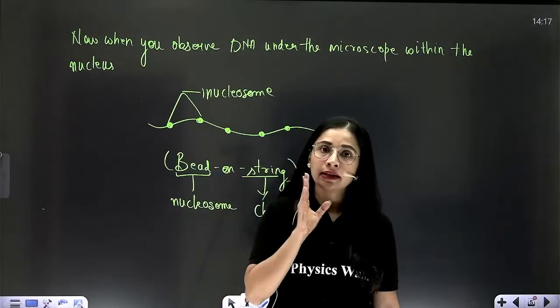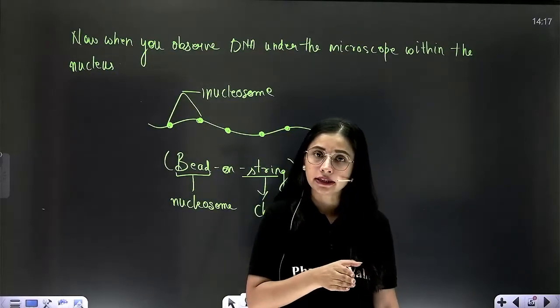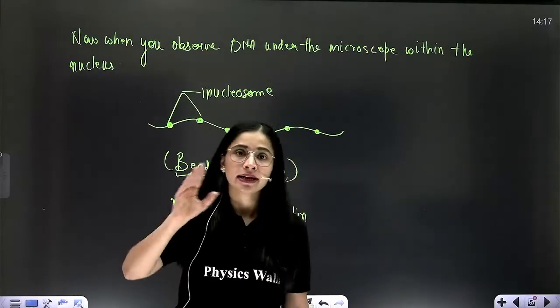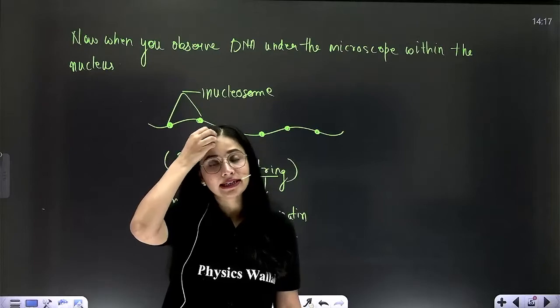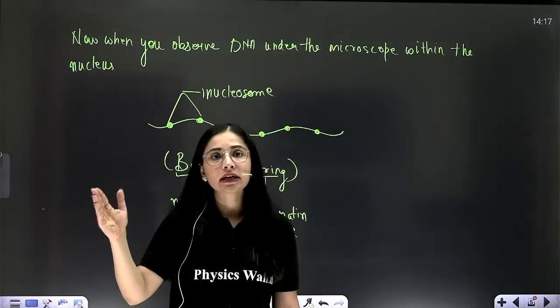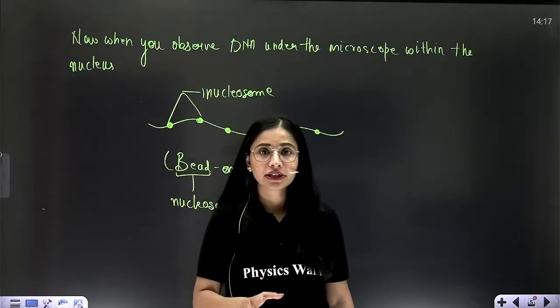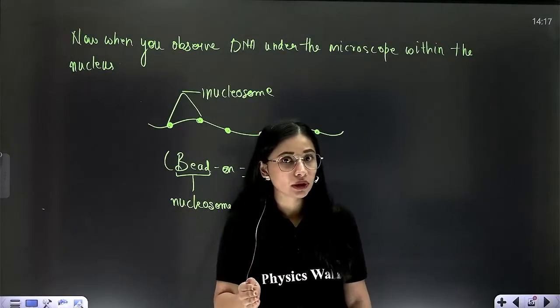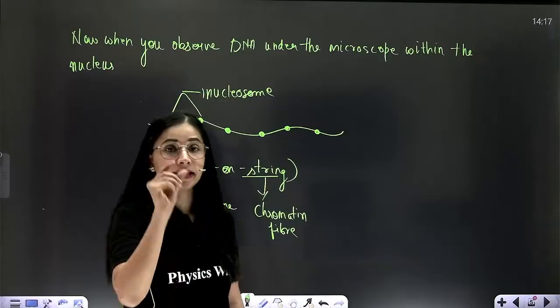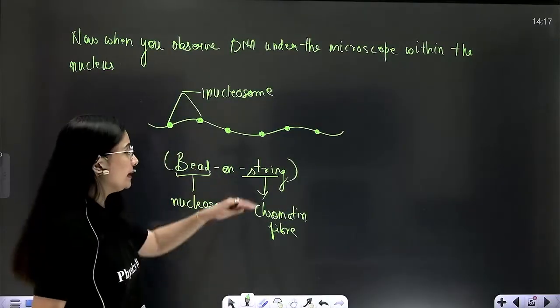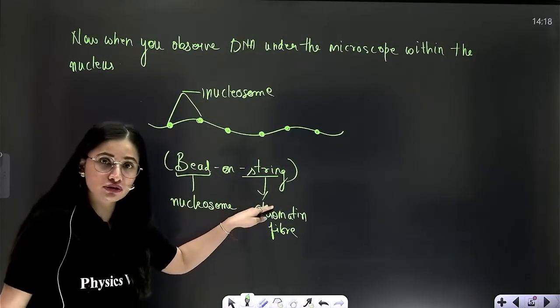It's simply chromatin fiber in interphase, and during the dividing phase that chromatin fiber further condenses to form rod-like chromosomes. So the basic level of packaging is done with the help of histone proteins, which make the nucleosome and then lead to the formation of the bead on string structure.